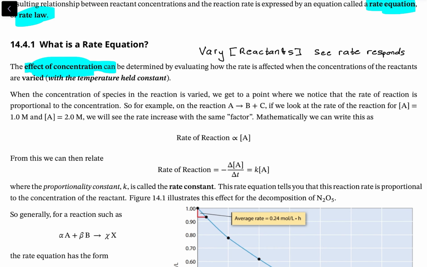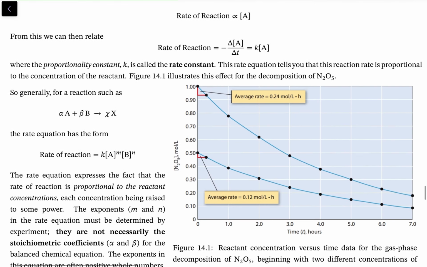So that's what you need to imagine. What will happen if we vary the concentration of our reactants? How will the rate respond? And that is what happens in the graph here below.